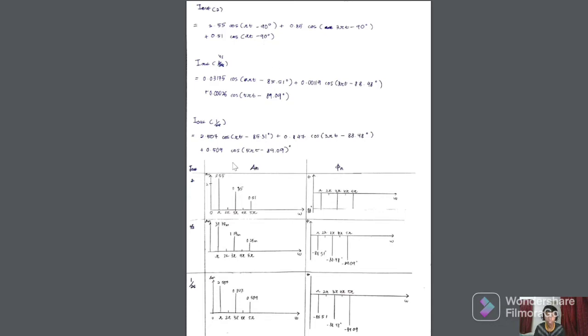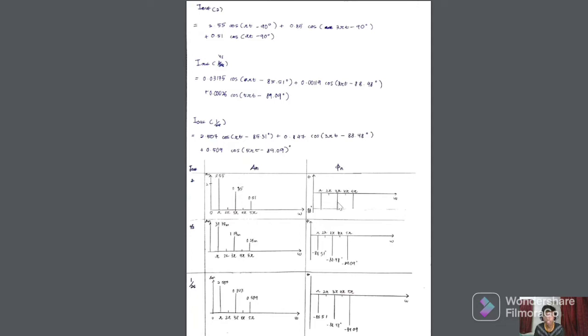So for I out to ohm, when k equal to 1 we got 1.55, and when k equal to 2 we got 0, and when k equal to 3 we got 0.85, and when k equal to 4 we got 0, and when k equal to 5 we got 0.51.